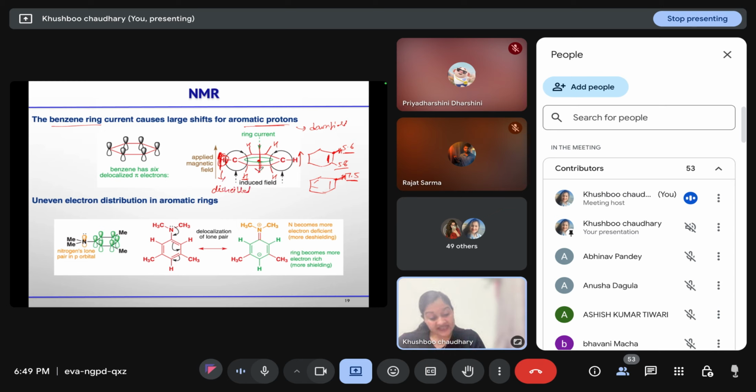In the center of the aromatic ring, the current is opposite to the applied magnetic field, so that region is shielded. But because no protons lie inside the ring, all the protons of the benzene ring lie outside, in the deshielded region, which is why they come downfield compared to cyclohexene. Clear?